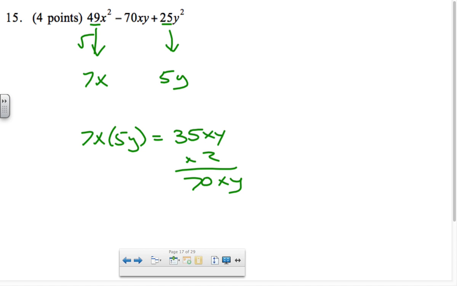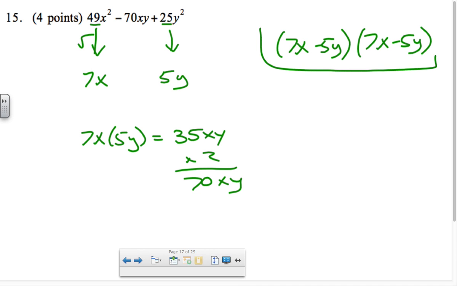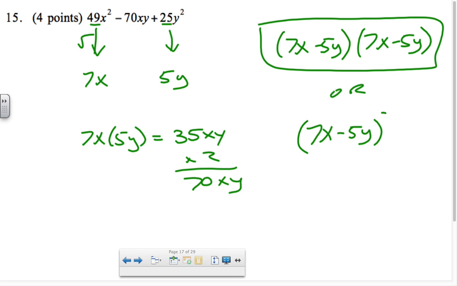So to make it negative, my two factors are just going to be 7x minus 5y times 7x minus 5y. Or, more simply, 7x minus 5y, the quantity squared. So same thing as the previous one, just with a minus.